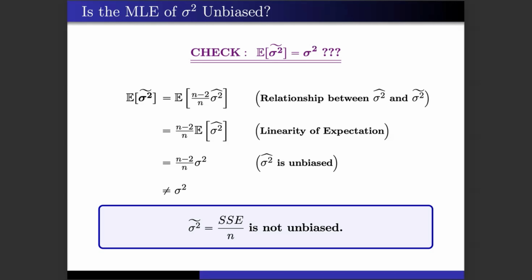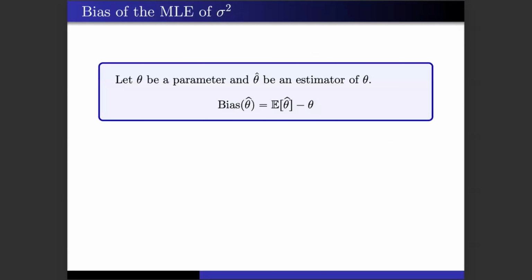And thus we have that the maximum likelihood estimate of sigma square is not unbiased. Perfect. So if sigma square tilde is not unbiased, it means that this estimate of sigma square obtained using the maximum likelihood method is biased. And if it is biased, then what is the bias value of this estimate? Let's look at the definition of how to find the bias value of an estimate.